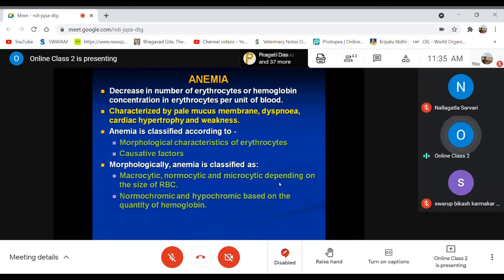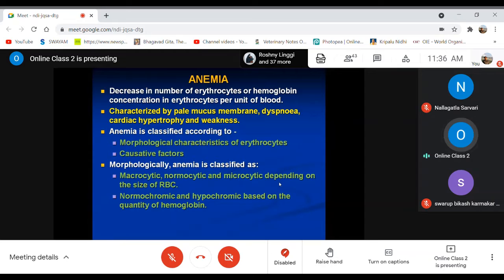Now, coming to the classification of anemia, it can be classified according to the morphological characteristics of the erythrocytes, meaning how the erythrocyte structures vary. Number two is based on the causative factors. First, the morphological classification.